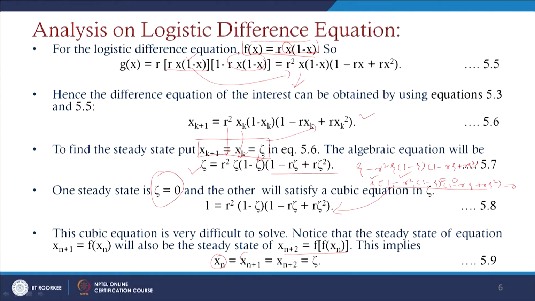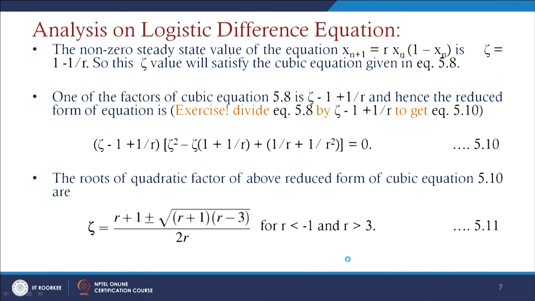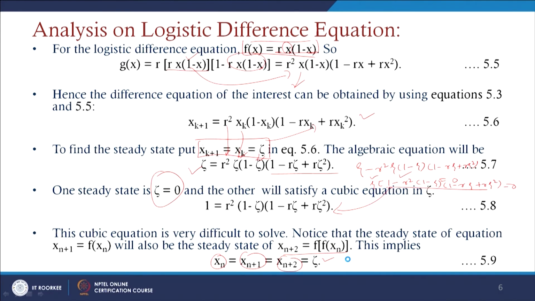If we put x n equals x n plus 1 equals x n plus 2 equals zeta, then the reduced form gives zeta equals 1 minus 1 by r, which we get by putting this non-zero steady state value in the equation x n plus 1 equals r into x n into 1 minus x n. So, this zeta value will satisfy the cubic equation given in equation 5.8 here.